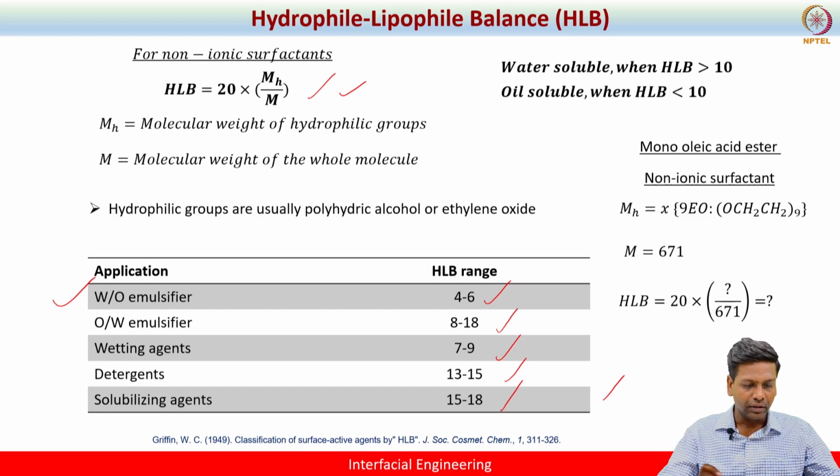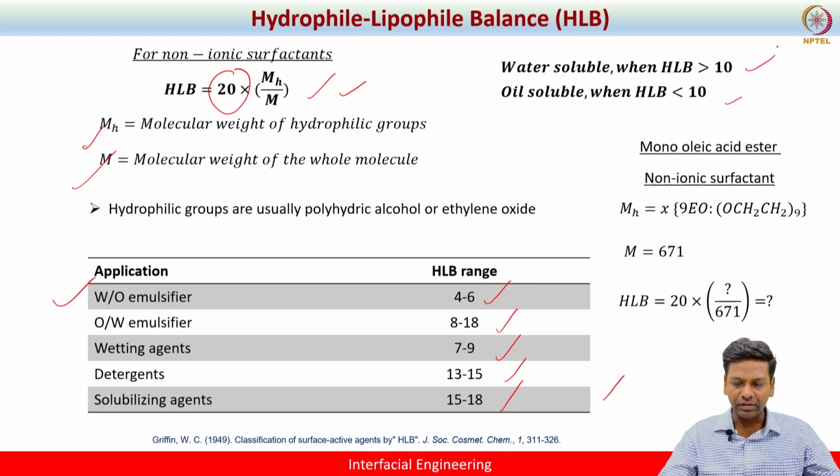Okay, and so this MH represents the molecular weight of the hydrophilic group, and M represents the molecular weight of the whole molecule. This multiplication factor 20 is used so that whatever you calculate is a value between 0 and 20.